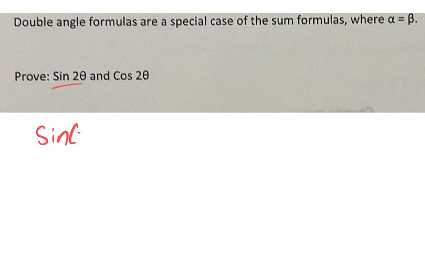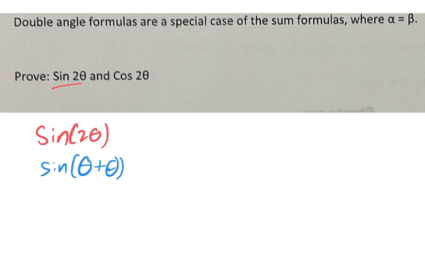So I start with sine of 2 theta. Okay, well that's cool, but it doesn't tell me a whole lot. But what if I rewrote 2 theta to just be theta plus theta? Because that's what 2 theta is. So now I have a sum of 2 angles.